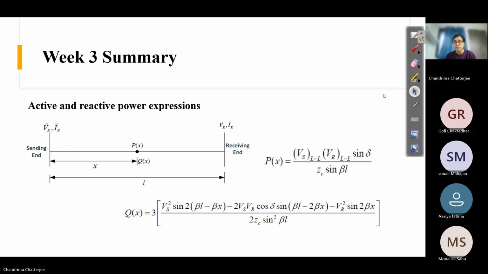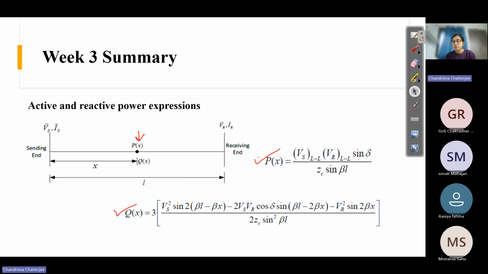Another thing: we talked about the sending end and receiving end expressions, but what if we need to find the reactive and active power at a particular point like this? Suppose there is a point x, which is x kilometers distant from the receiving end. How to find that? You can find it using the expressions that we discussed in the last class.